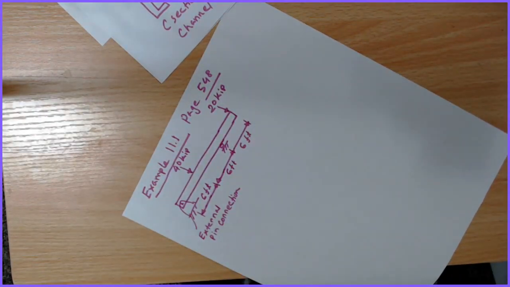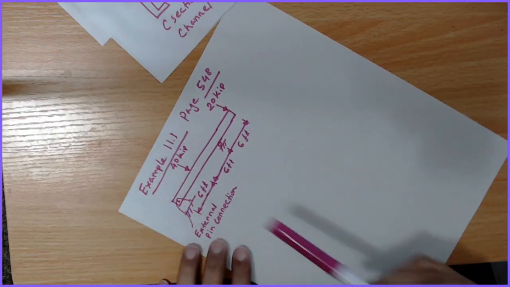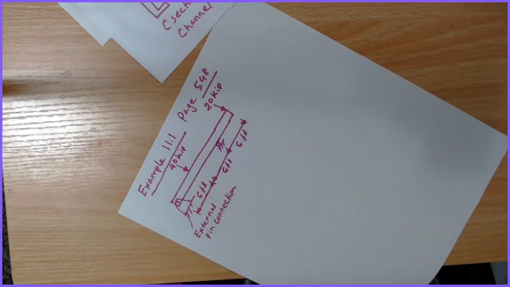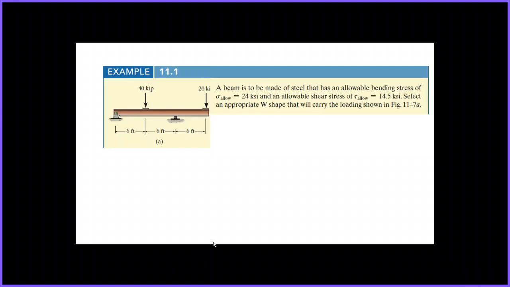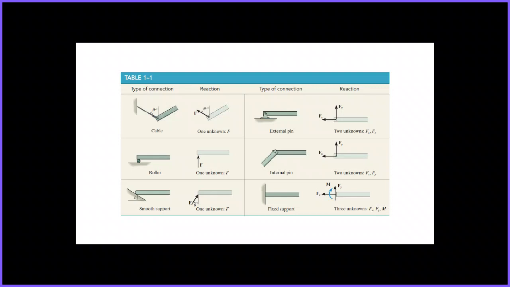Now, there's a pin connection and two forces from the top, and there is a roller support. First we need to draw the free body diagram that should have all the forces. In order to do that, we need to go back to the chart. This is an external pin.